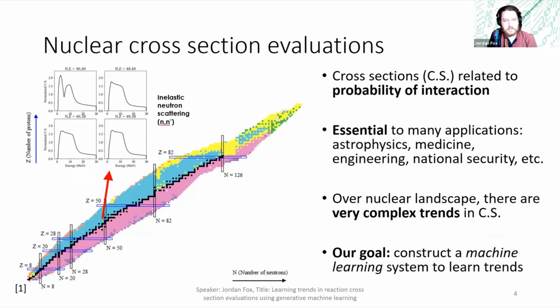Evaluations means specifically that there was some cross-section data that was then combined with some theoretical models to create these nice, pseudo-continuous curves and such. So these evaluations are essential to many different applications in astrophysics and for simulation purposes, radioisotope studies in medicine, nuclear engineering, reactor engineering, and national security applications.